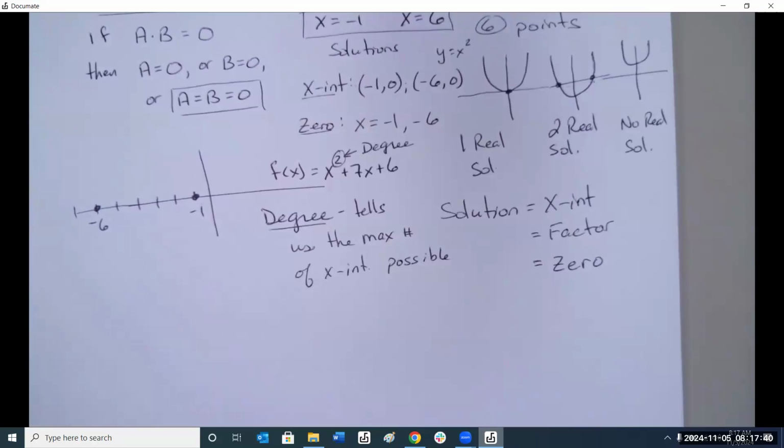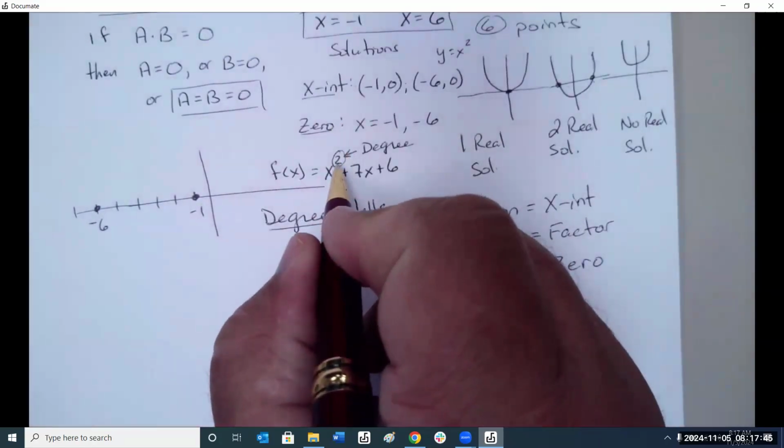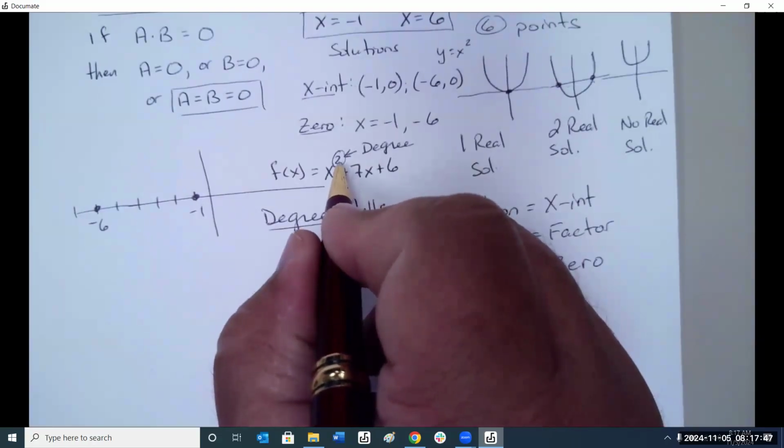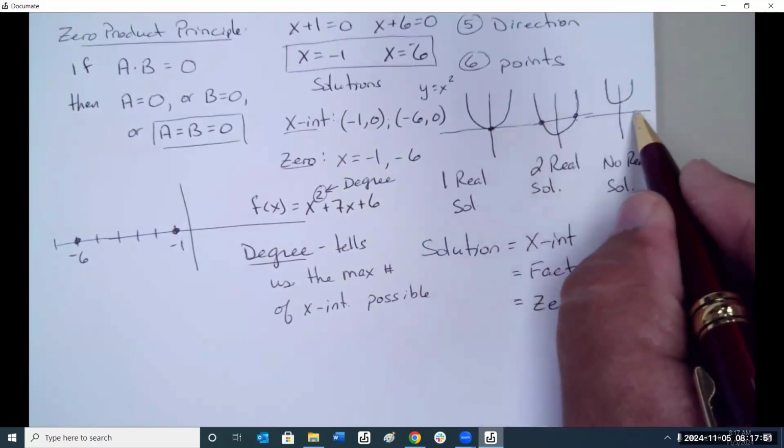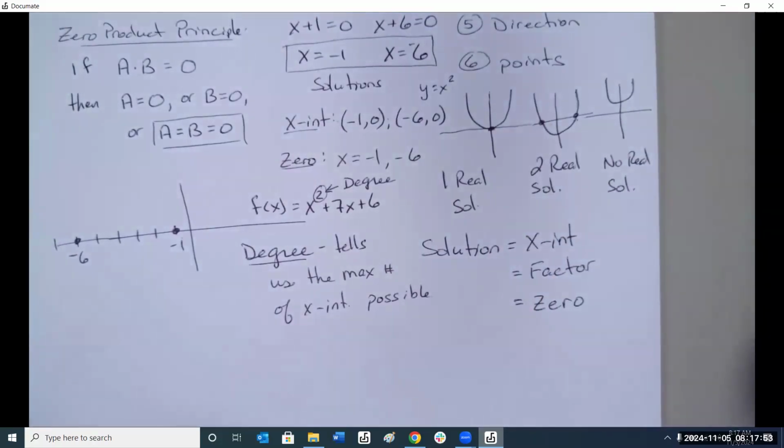Remember, the degree tells us the maximum number of x-intercepts. Since our degree is 2, we can have at most 2 intercepts, 1 intercept, or no intercepts. It all depends on what the rest of the function looks like.